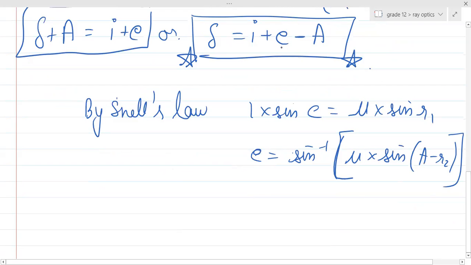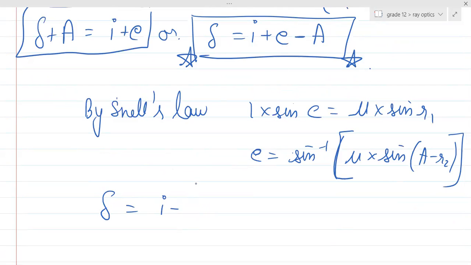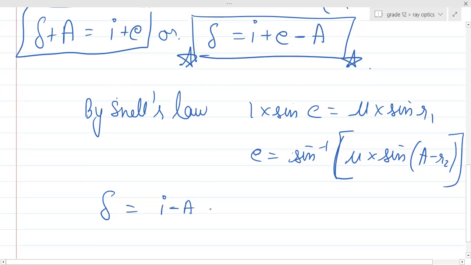And from here, can you see over here, I can write E as what? Or from here, delta will be equal to I plus E minus A, where E is sine inverse of mu into sine of A minus R1.